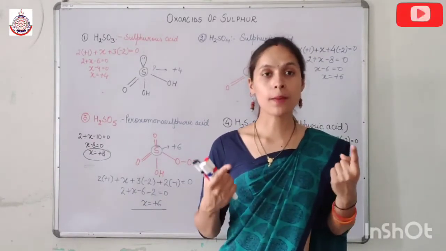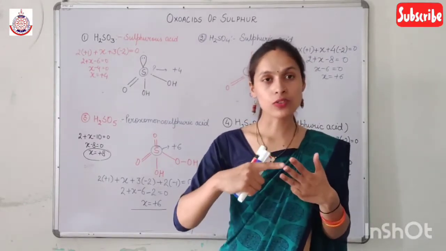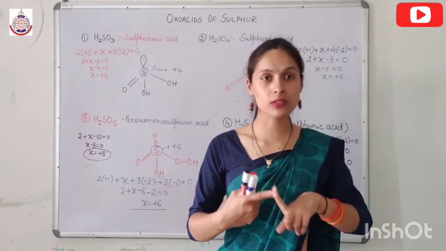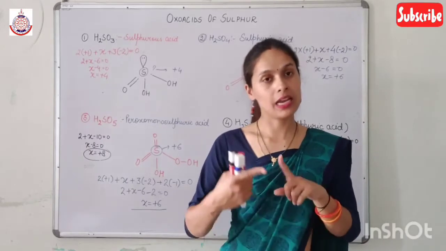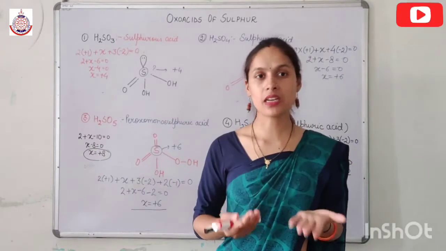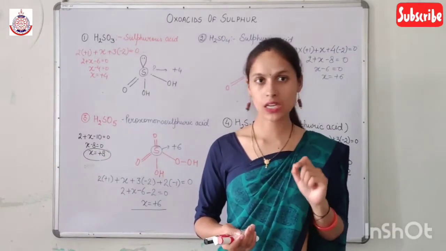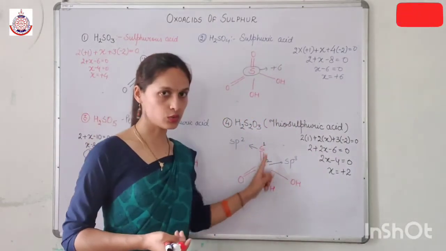So if we compare a bond of sp, sp2 and sp3, then out of these three, the sp bond is the most electronegative because it contains the most s character, that is 50% s character. In sp2 and sp3, s character decreases whereas p character increases. So due to the decrease in the s character, electronegativity also decreases. So here we have two sulfurs.